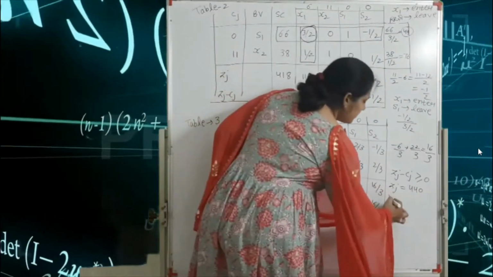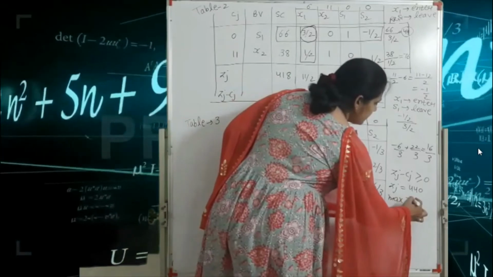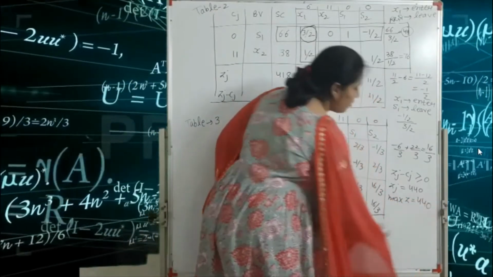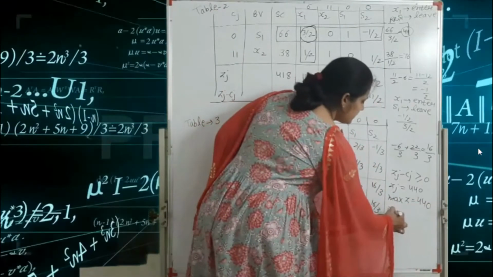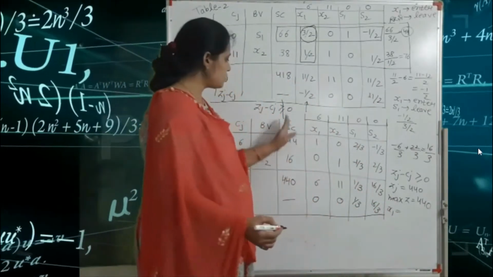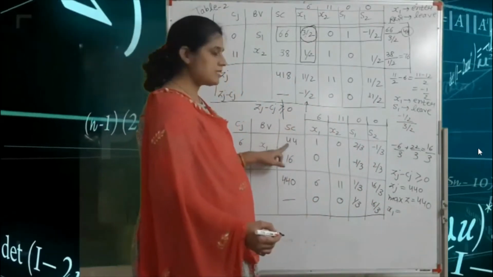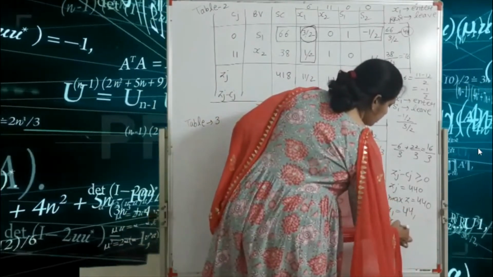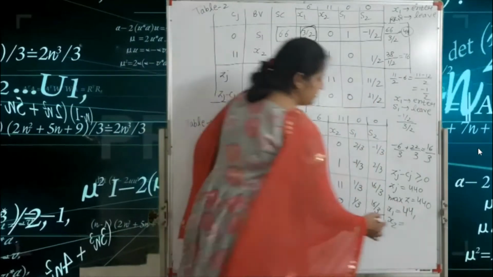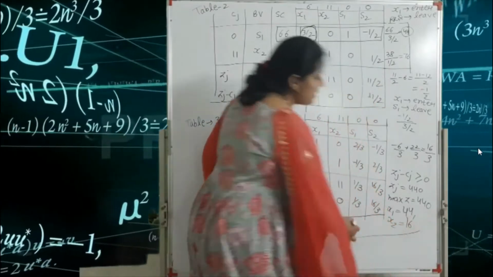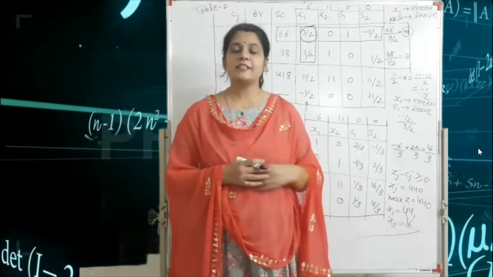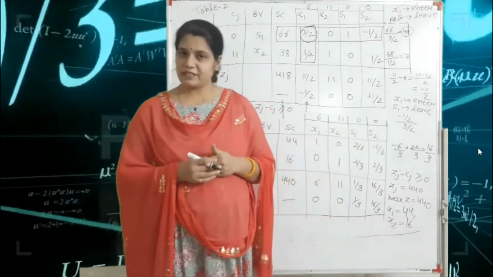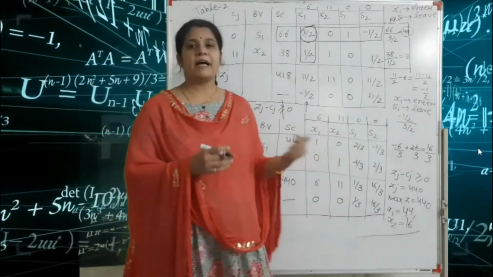So maximize z is equal to 440. According to the solution constants, x1 is equal to 44 and x2 is equal to 60. So this is our final answer with the help of the simplex method for finding the maximize z.